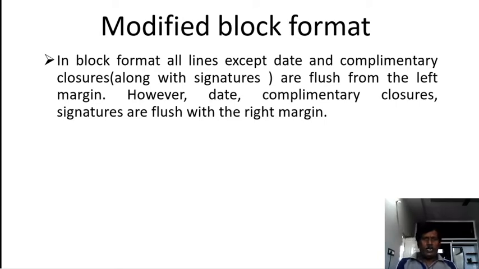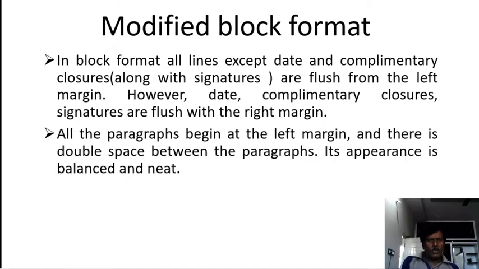But however, the date and complimentary close and signature are flushed with the right side margin. It is the main feature. The date, complimentary close, signatures are flushed with the right side margin of the letter. But the lines except date and complimentary close along with signature are flushed with the left margin.